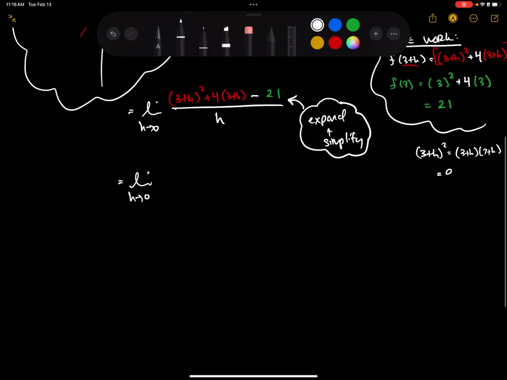And so that ends up being 9 plus 6h plus h squared when you expand that out. So we get 9 plus 6h plus h squared plus 4 times 3 plus h. Remember, this just gets distributed in. That's plus 12 plus 4h. So this is all that first piece there. And then we still have the minus 21.